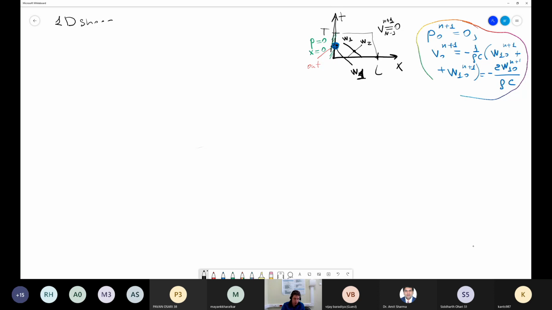What do you have? You have some time axis and x-axis. This is L, this is 0, and we have here the discontinuity of the parameters, for example, in density or in both density and velocity. So let's say that we have the left part.